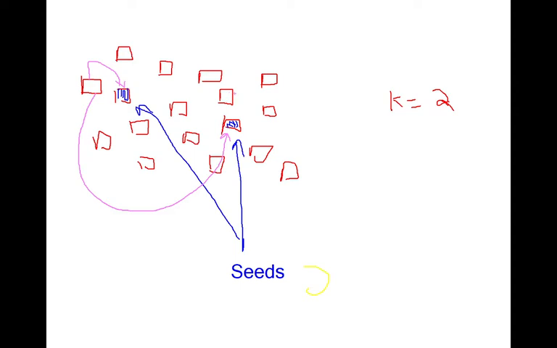Similarly, for the next data point, its distance will be computed from this seed, and its distance will be computed from this seed as well, right.